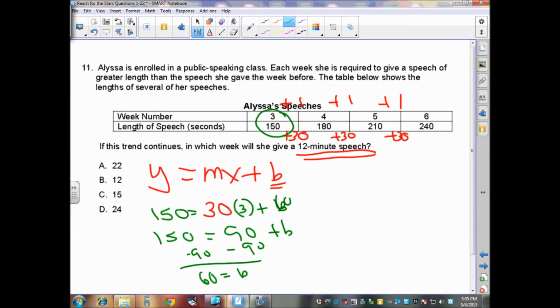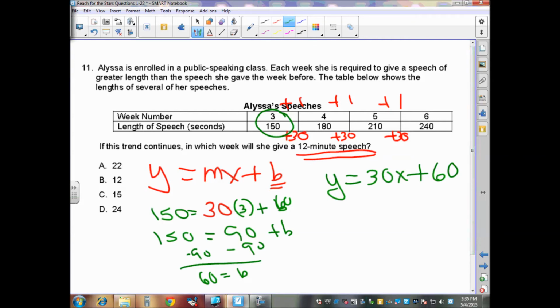So the function they're using is y equals 30x plus 60. The y-intercept of 60 means that at the very beginning of this process, the initial speeches were 60 seconds long. And then each week, they're adding 30 seconds to that.